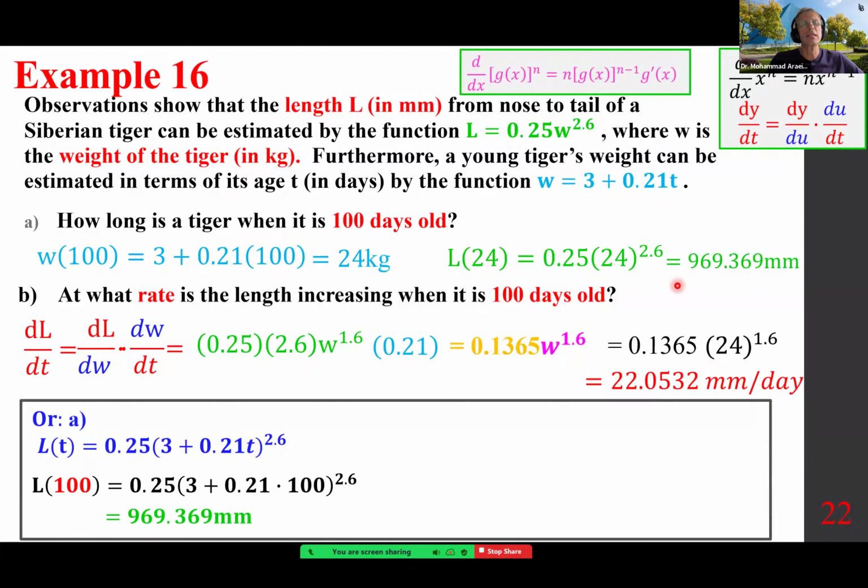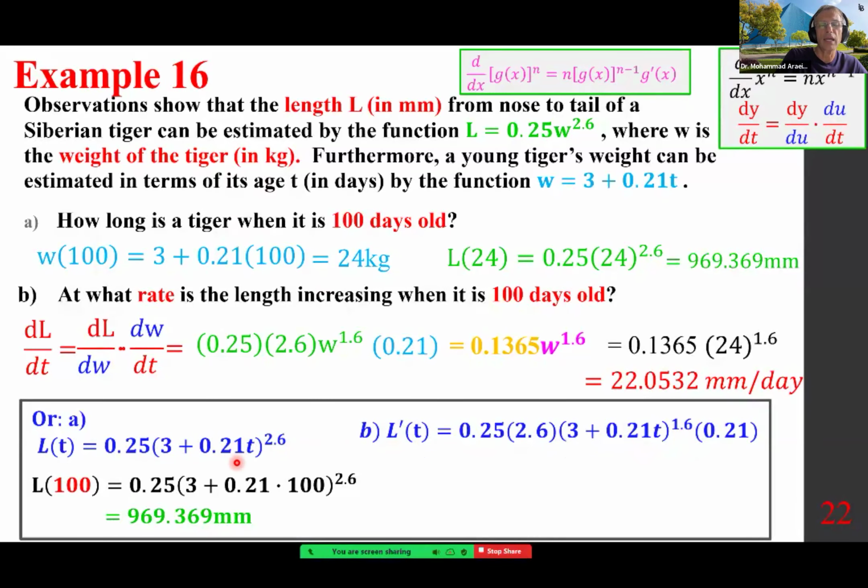As far as the second part, we want dL/dt or L prime of T, which makes it 0.25 times 2.6, the same thing to the power of 1.6, and by the chain rule times 0.21. So again, 0.25 remains, 2.6 sits in front, the same thing to the power of 1.6, and 0.21 by the chain rule.